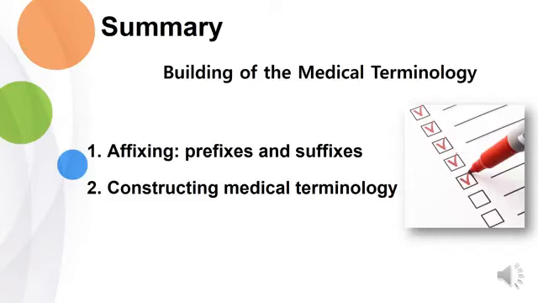And then we have learned the different types of construction for medical terminology: which are formed of only root and suffix, root and prefix, or prefix and root, and which terms are constructed using the three elements.